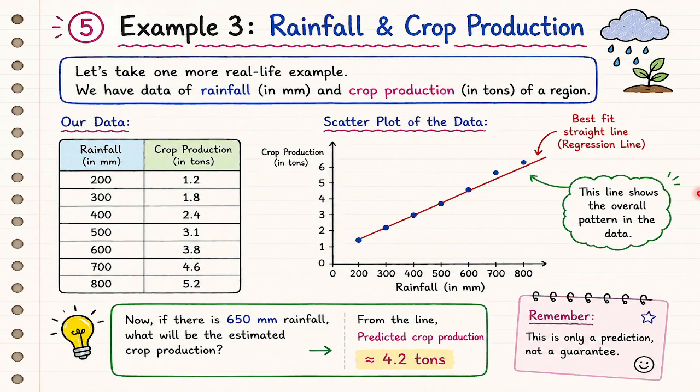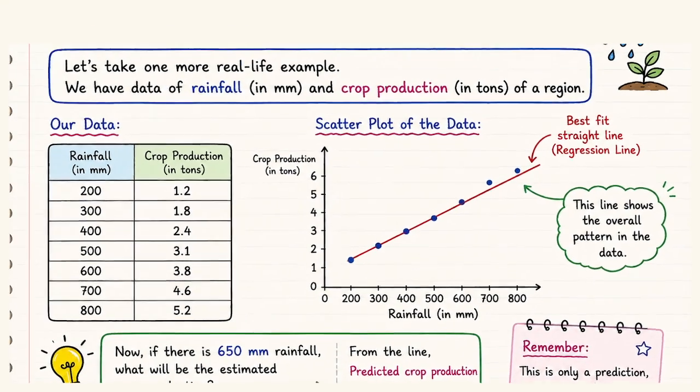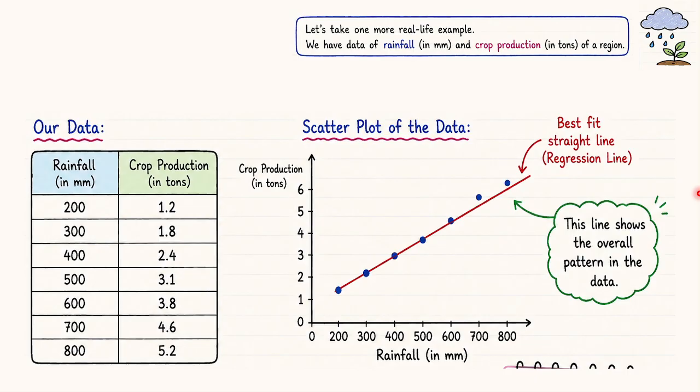In the same way, let's take another example. Suppose we want to predict crop production based on rainfall. So here we have data showing how much rainfall occurred and how much crop production was obtained. So again, we can plot this data on a graph, and from the data, linear regression finds the overall pattern and represents that relationship using a regression line.